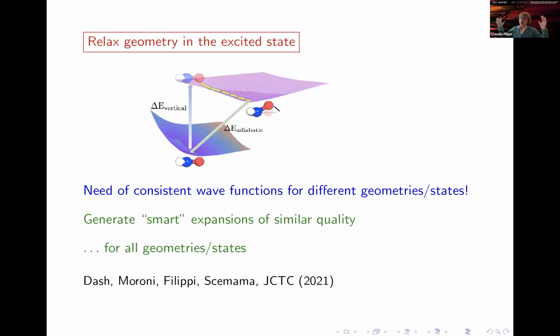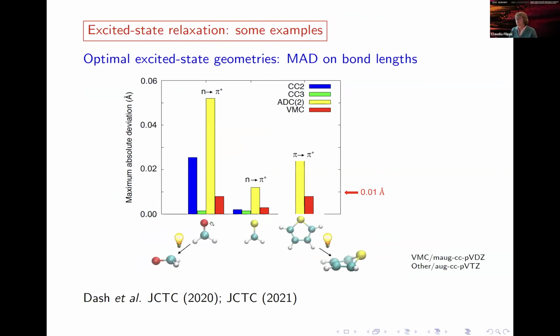by building, let's say, a lot of consistent wave functions for different geometries and different states, okay, using our selected CI expansion. And here what I'm showing is the mean absolute deviation for 3 small systems. So you excite, the system relaxes, okay? So it elongates, it buckles, and we are computing the mean absolute deviation on the bond length, okay? As reference, we are taking CASPT2, which is available for all of them.